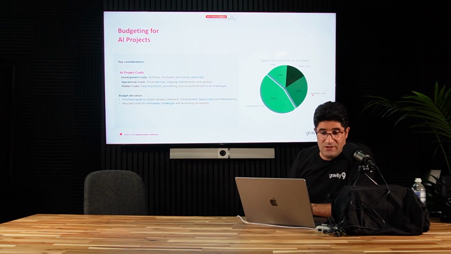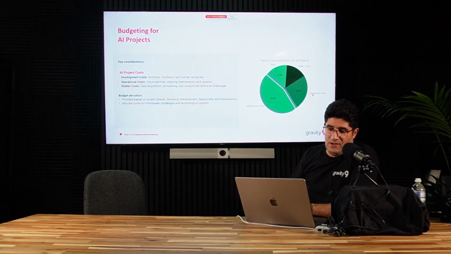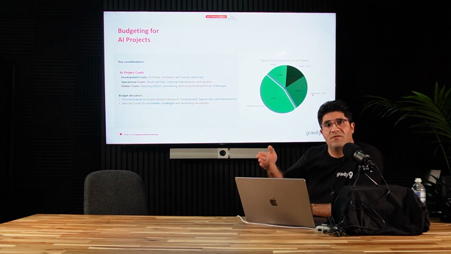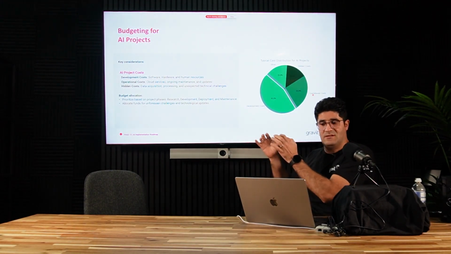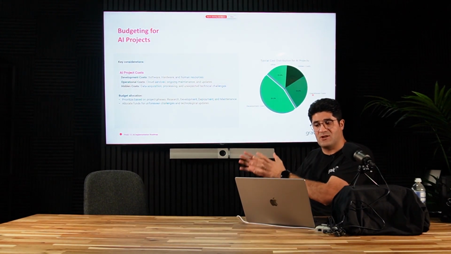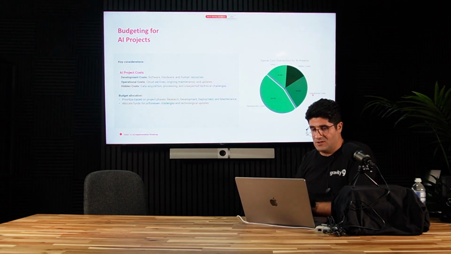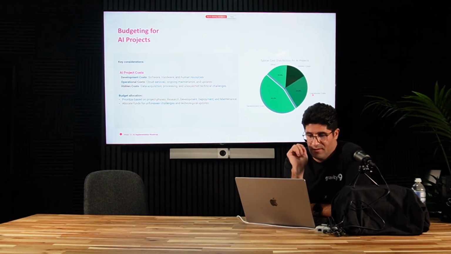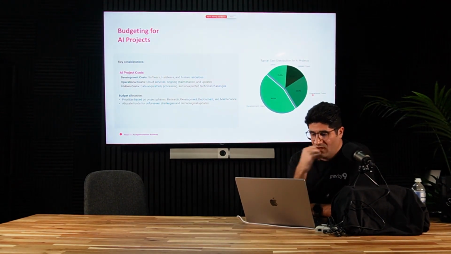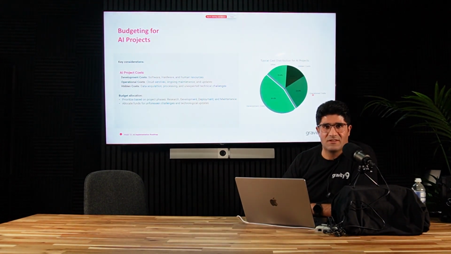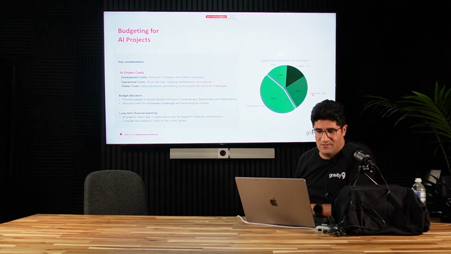And for budget allocation, you can prioritize your budget based on different phases: research phase, development phase, production phase, maintenance phase. So you can allocate budget for each of them. And as I mentioned, definitely consider the unseen challenges during the production.